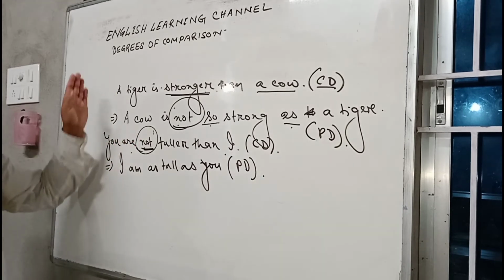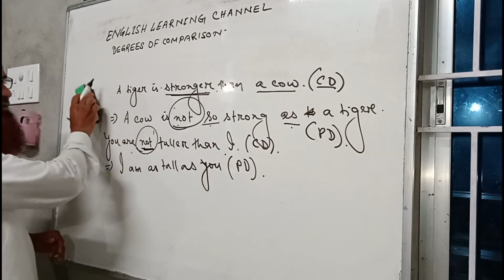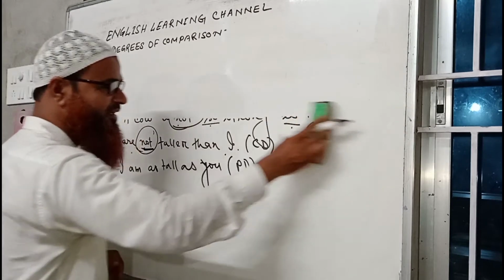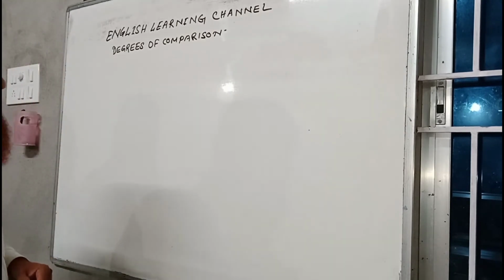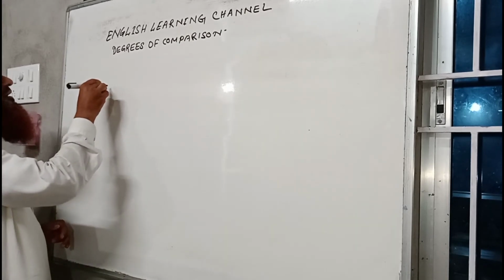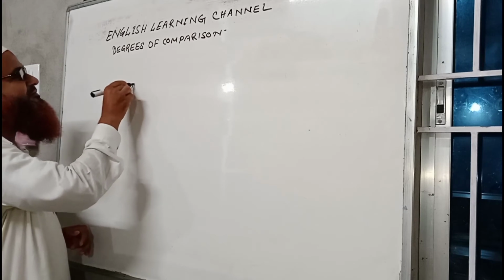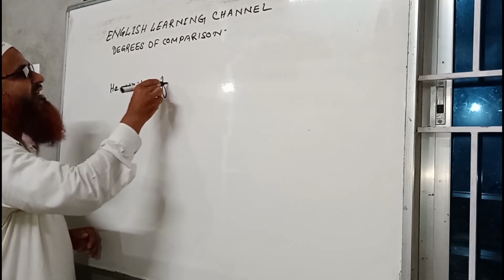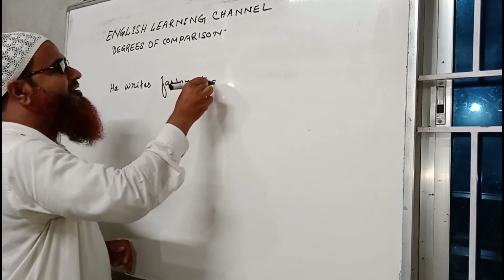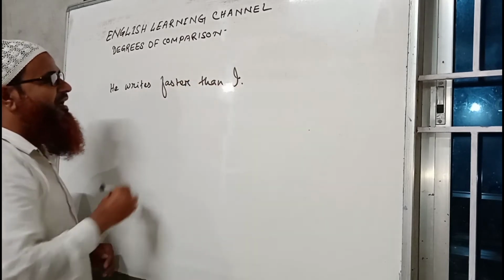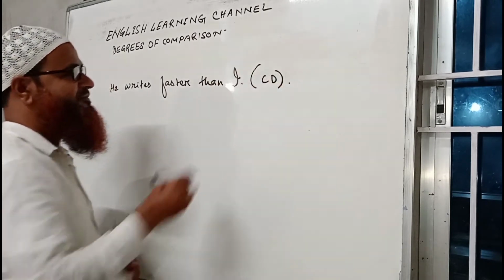Now I am giving some more examples to make our conception clear. So we may write: he writes faster than I. So this is a sentence of comparative degree. Here I am writing CD.